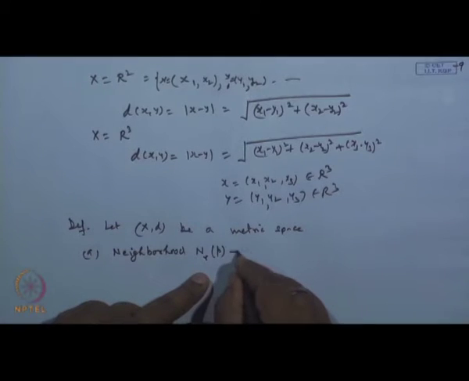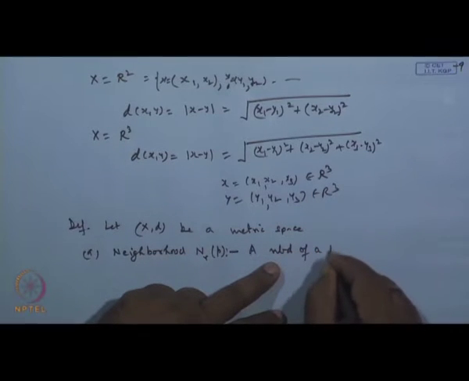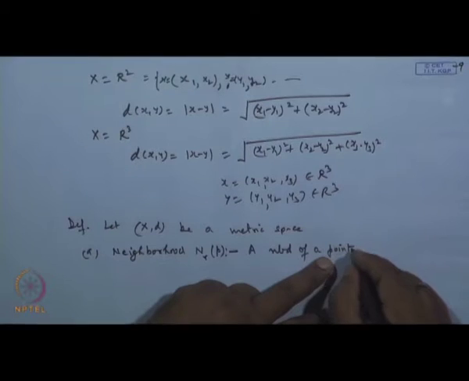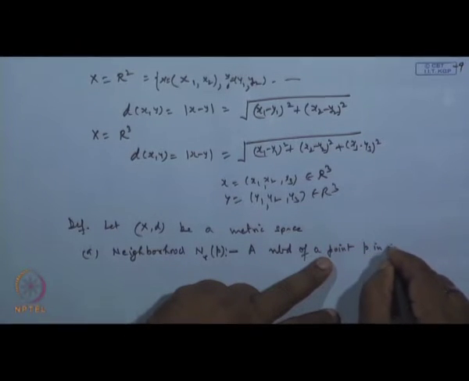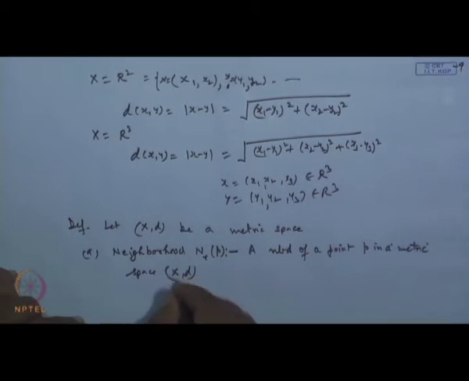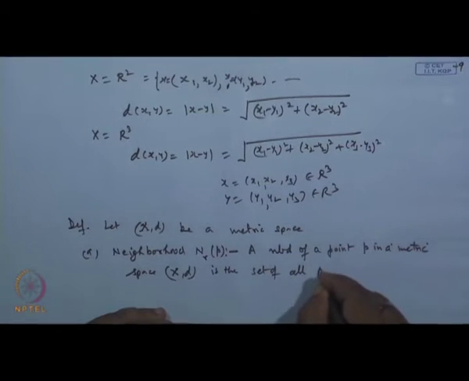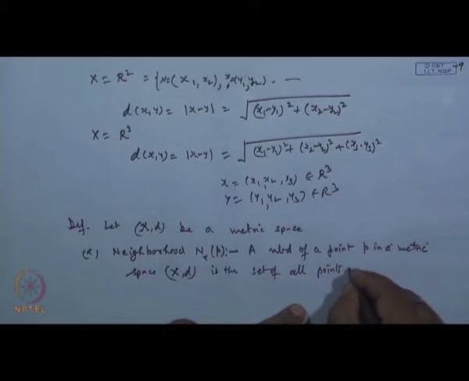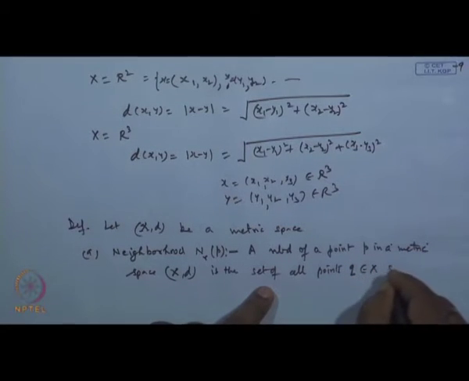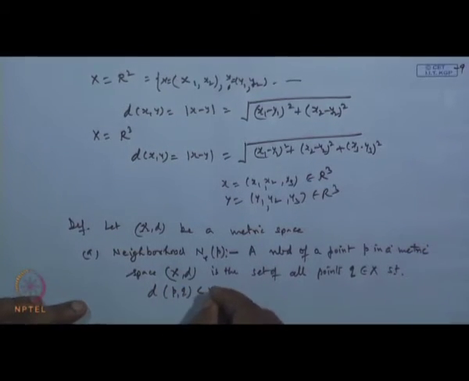The neighborhood of a point P in a metric space X, d is the set of all points Q belonging to X such that the distance between P and Q is strictly less than r.